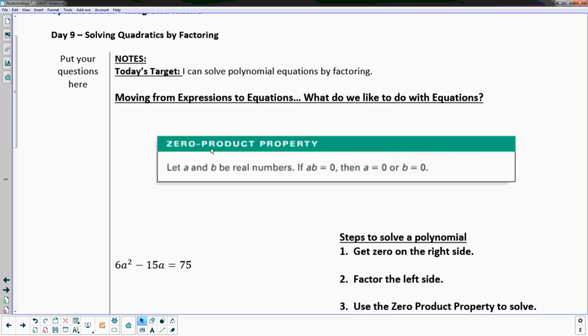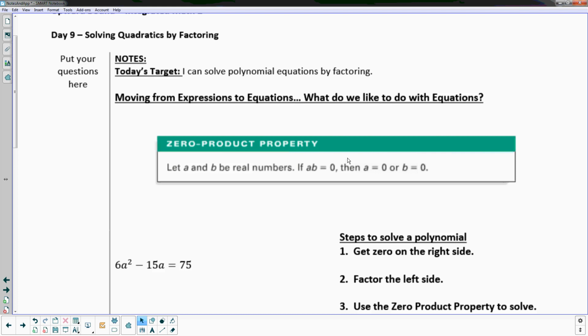What that means is the zero product property just says that A and B are any numbers. And if A times B equals 0, so that's where it gets its name, A times B, that's a product. So if the product of two things is 0, then at least one of those has to be 0.